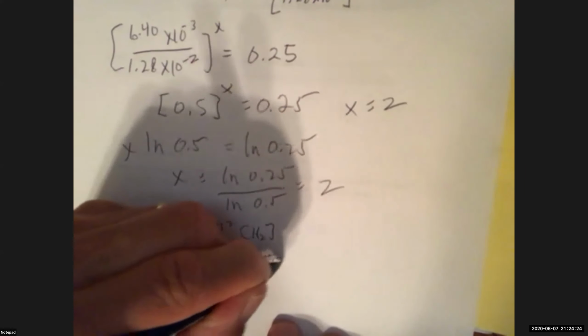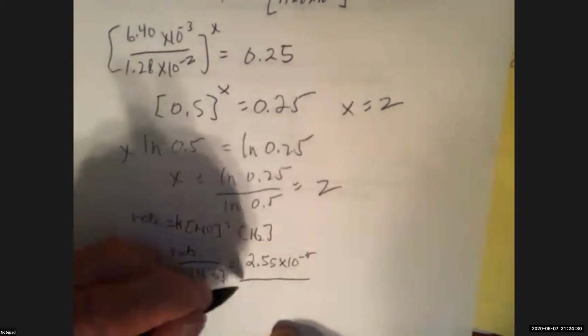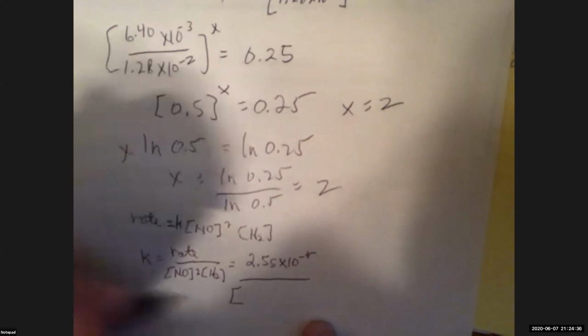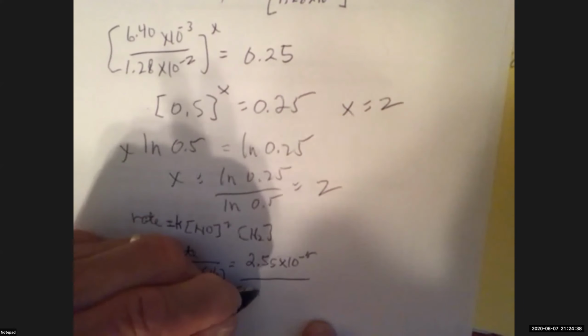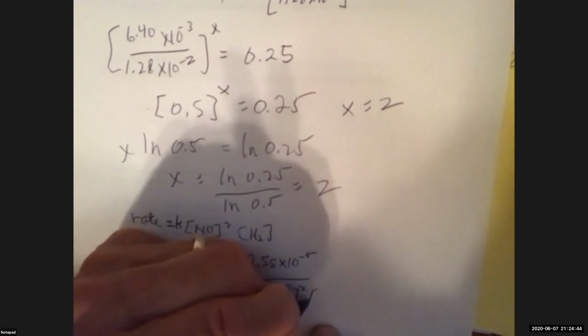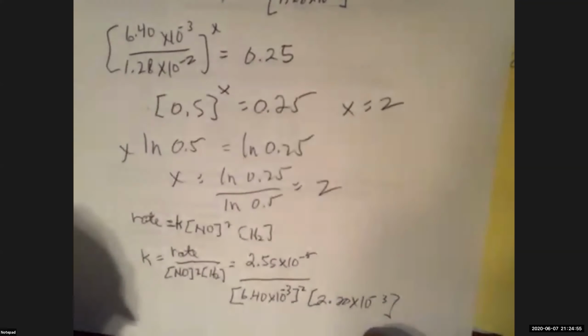In reaction 1, the rate is 2.55 times 10 to the negative 5. We divide it by the concentration of the nitrogen oxide squared, 6.40 times 10 to the negative 3 squared, times the hydrogen concentration, 2.20 times 10 to the negative 3, just to the first power.